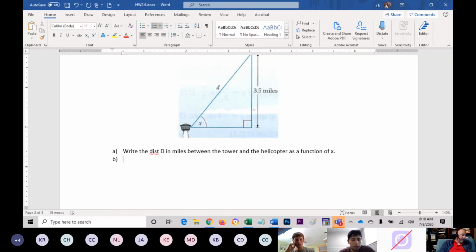And part B says, find d when x equals 1 and x equals 1.2.